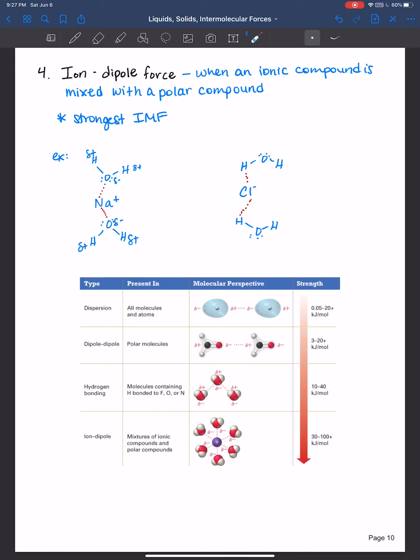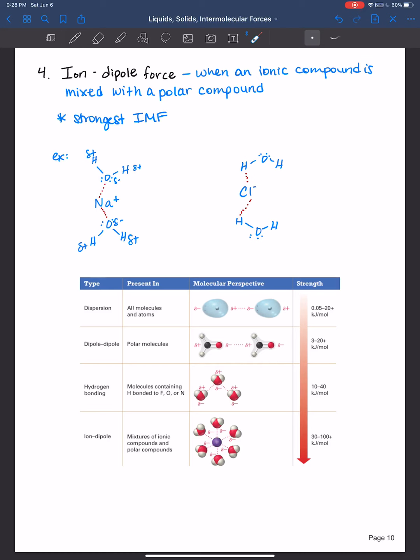So remember, it's a transient dipole, and so that's why we're looking at the electron cloud here, to see that at one point in time, the electron cloud reacts to another nearby electron cloud, creating a transient dipole, but it's not a permanent dipole.